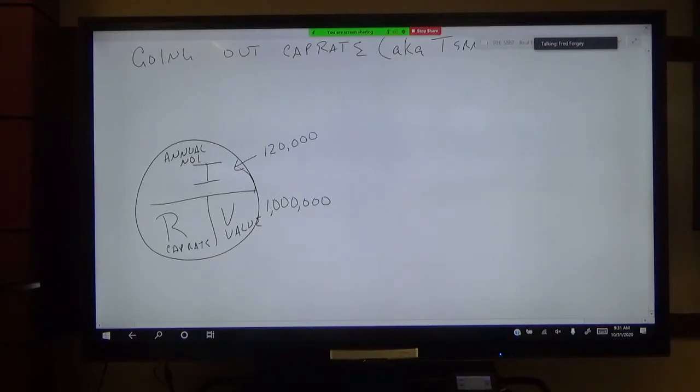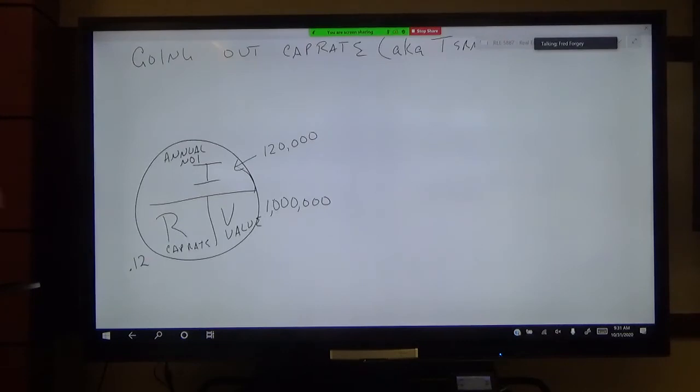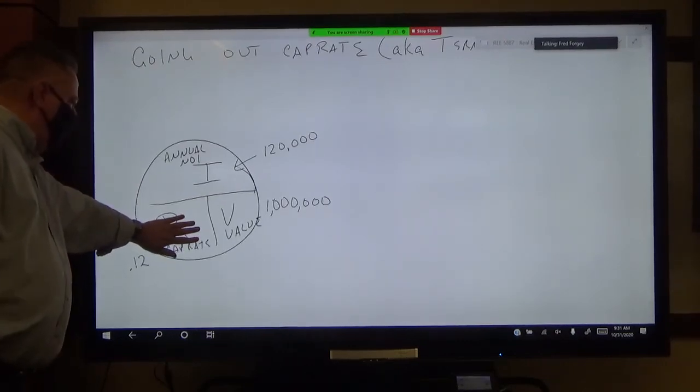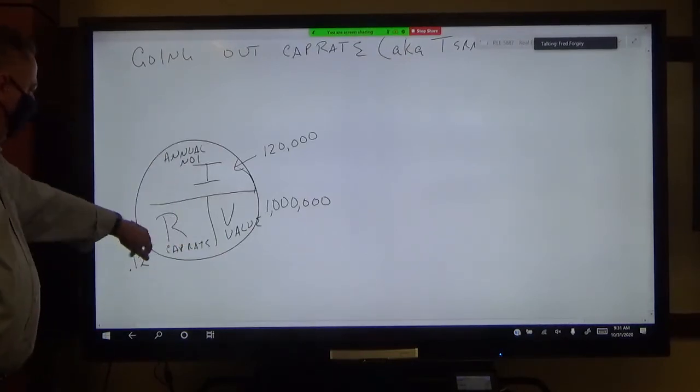To get the cap rate, we're simply going to take the income divided by the value. So 120,000 divided by 1 million would give us a cap rate of 12%. The way I always learned it and the way I typically teach it is, whatever you're solving for, you put your hand over it and then just follow the steps. So in this case, 120 divided by 1 million gives us our cap rate.